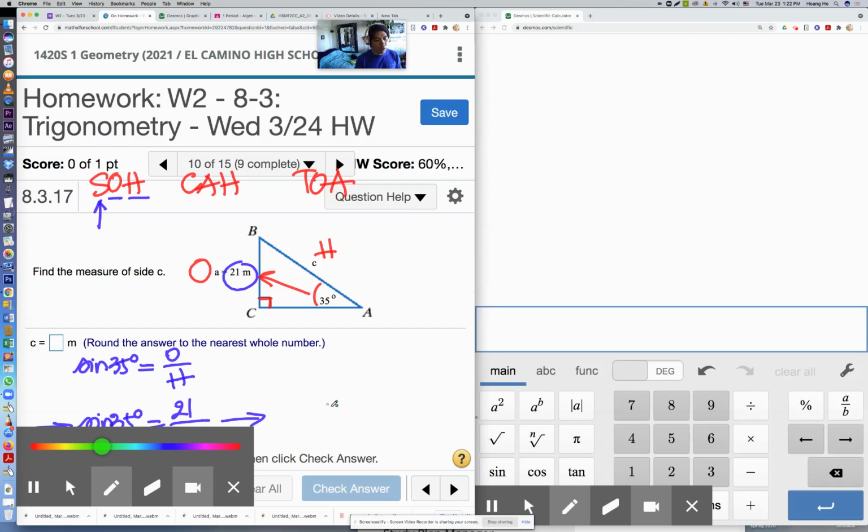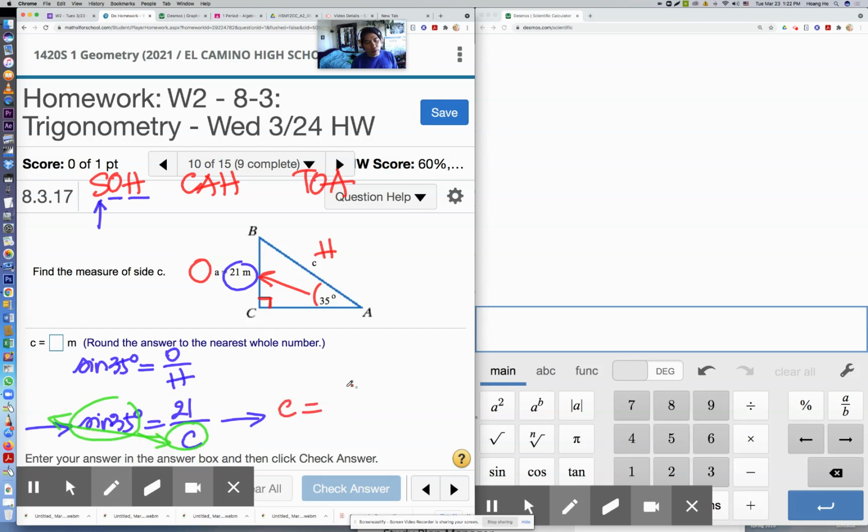If you want to solve for C, cross C to the top and multiply sine 35 degrees to the bottom. Basically sine 35 degrees and C swap their places, so C equals 21 over sine 35 degrees.